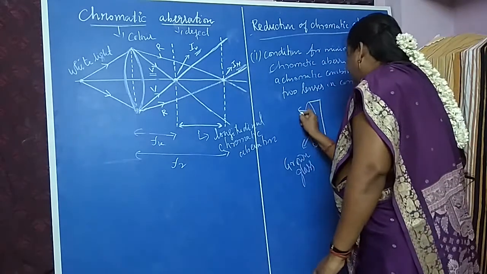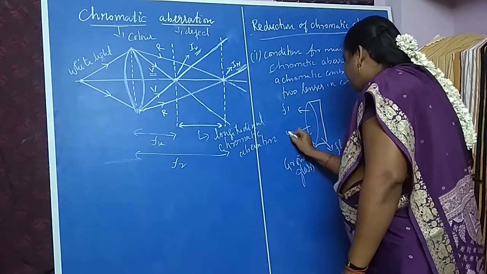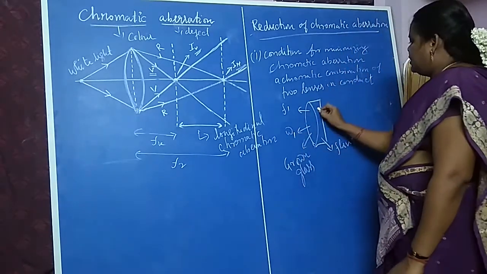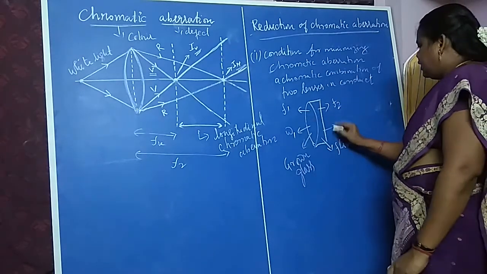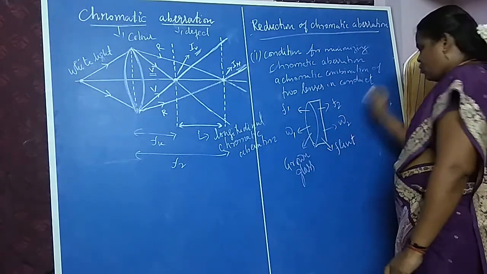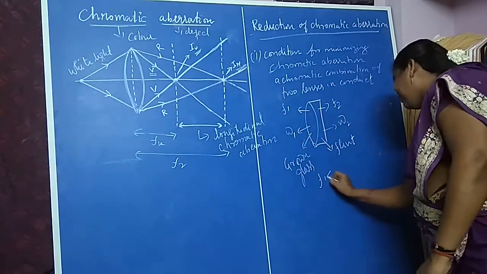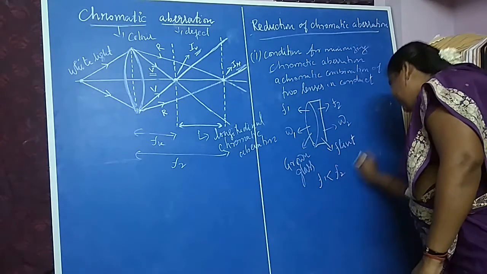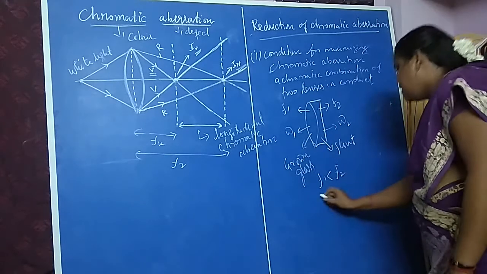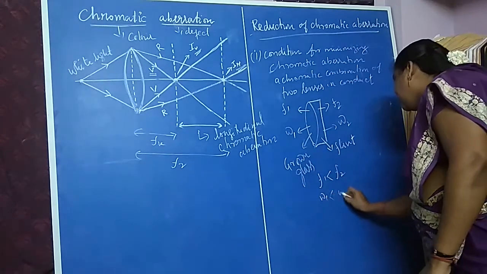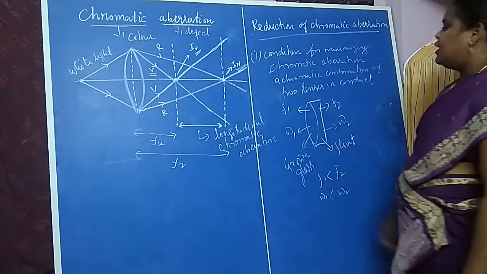The focal length of the first lens is f1 and the dispersive power is omega 1. Similarly, the focal length of the second lens is f2 and the dispersive power is omega 2. Here, the focal length of the crown glass is less than the focal length of the flint glass. Similarly, omega 1 is less than omega 2.